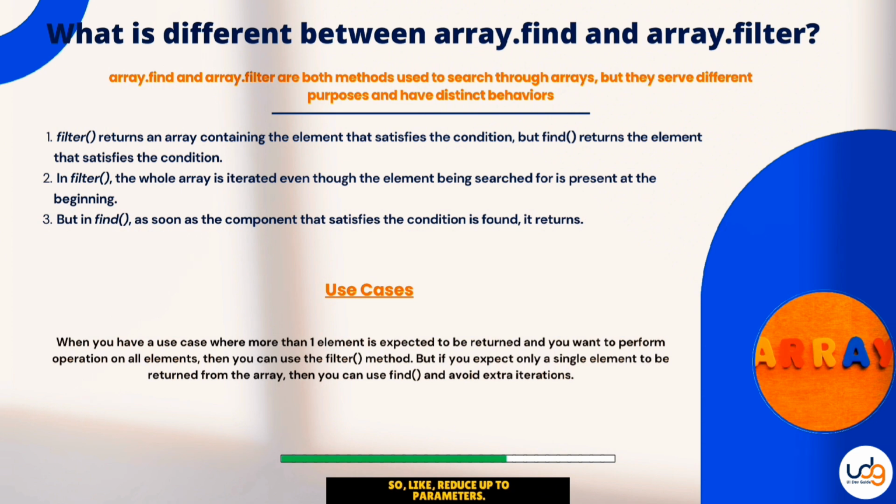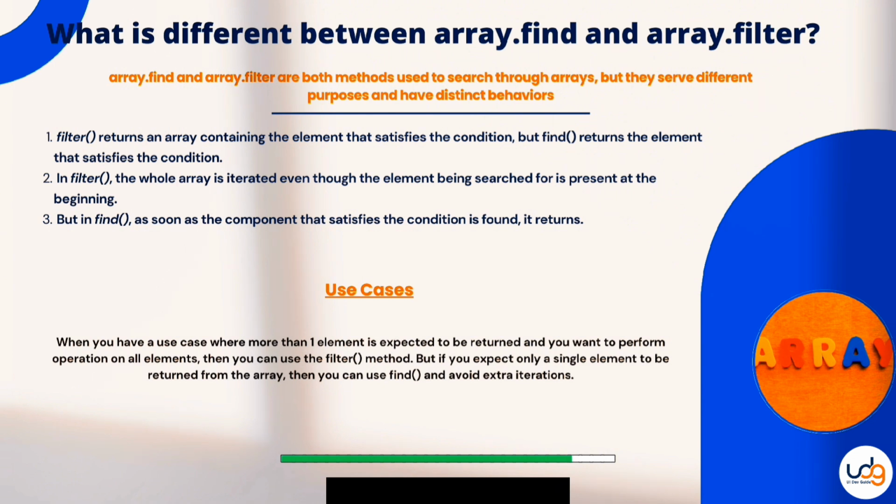Reduce has two parameters: one is the accumulator and the second is the current value. The accumulator holds the total value, and the current value is the element being iterated. And if I want to pass a default value, how can we pass it to the reduce method?